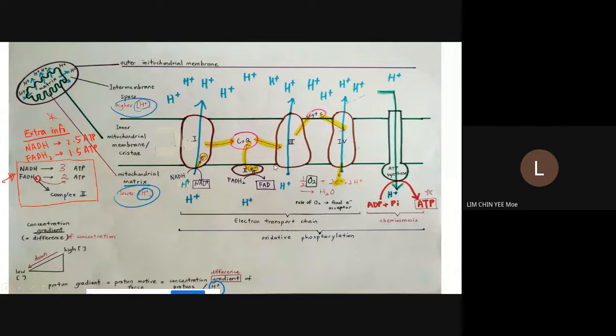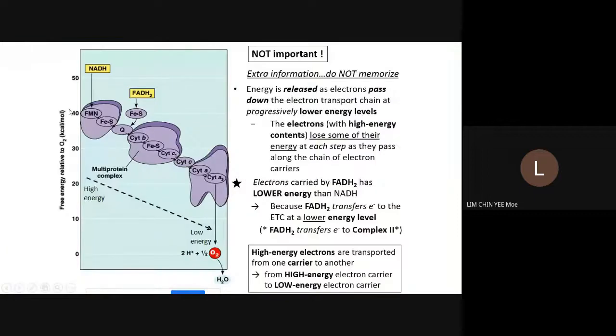This has something to do with the complexes. NADH dia transfer electron pergi complex 1. FADH2 transfer electron pergi complex 2. When we compare the energy of these complexes, kita bandingkan dia punya potential energy. Ini ialah complex 1. Ini ialah complex 2. Okay?